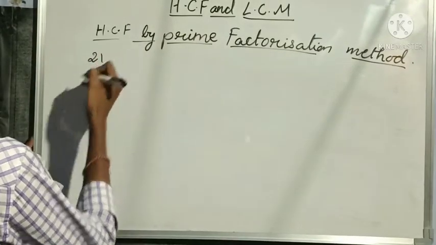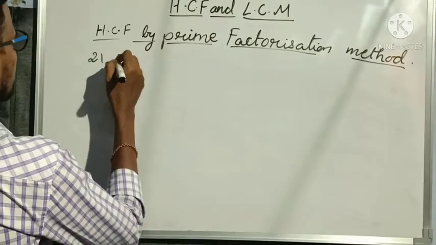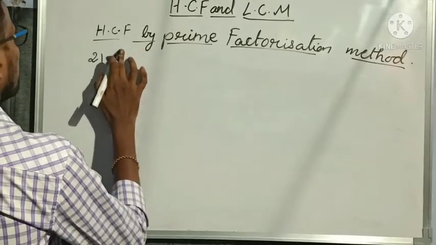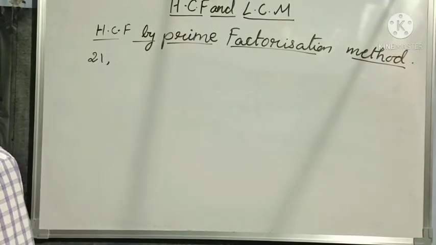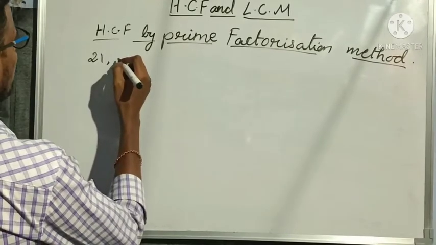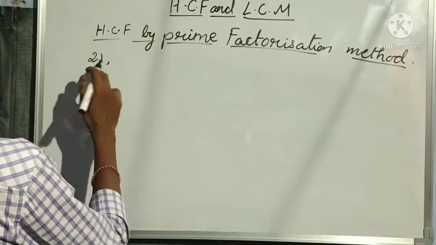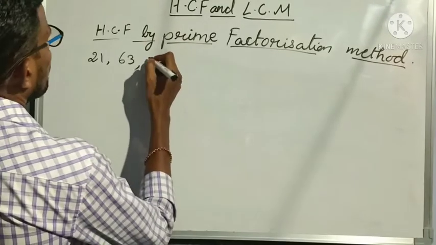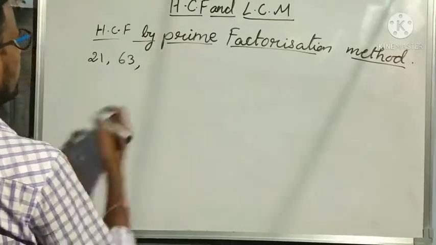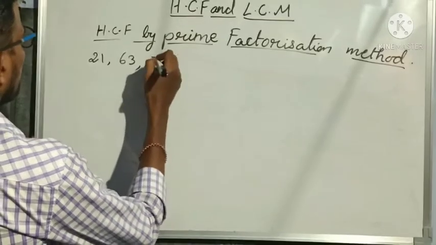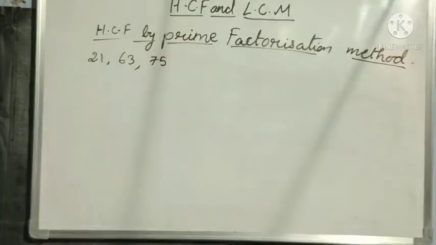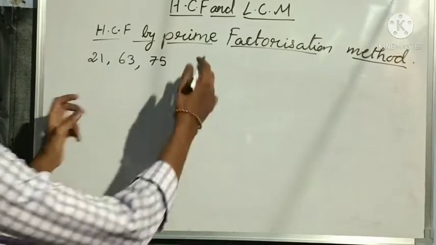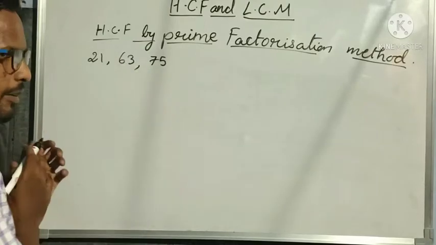I am taking 21, and whatever numbers we want we can take. 63 and, okay, I will take 75. Now I want the prime factorization, I mean the HCF of these three numbers: 21, 63 and 75.